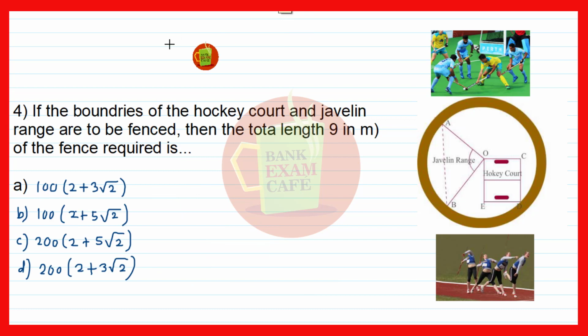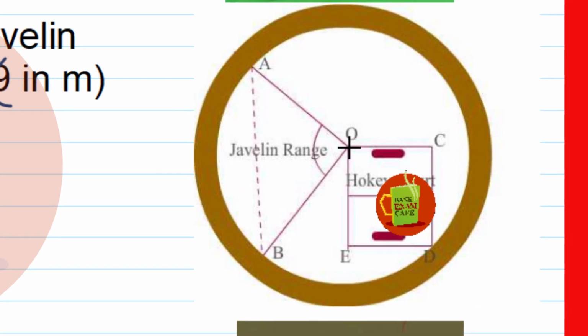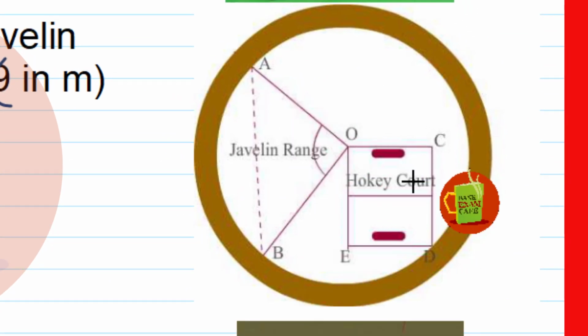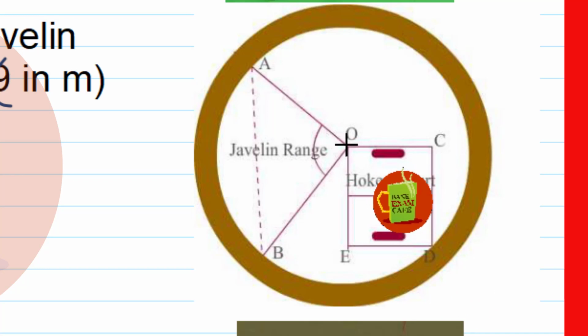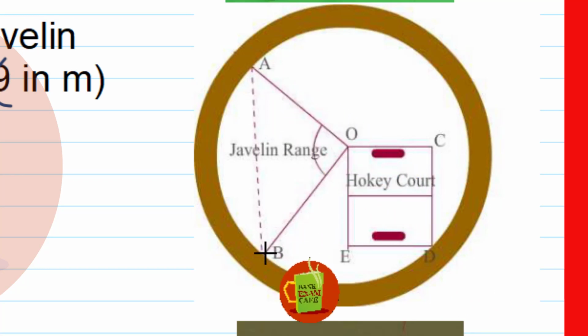The next question is: if the boundaries of the hockey court and the javelin range are to be fenced, then what is the total length in meter of the fence required? You have to fence the javelin range and the hockey court. To do this, we have to find the distance of the boundary.